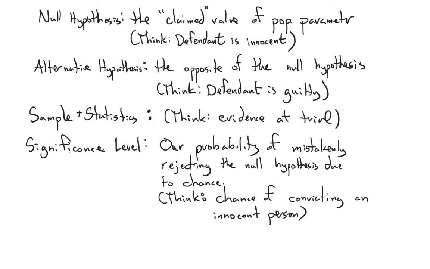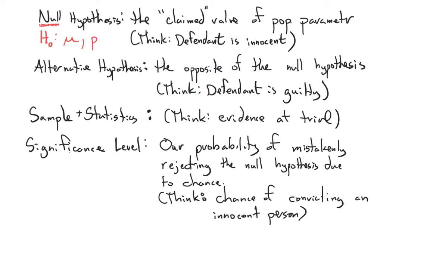So here are some terms that we'll need to be able to discuss hypothesis testing. The null hypothesis is that claim that's being made. We usually call it H0. We're thinking null as kind of like the number 0. So H0 is the null hypothesis, and since we're talking about a mean, usually we'll be testing against some population mean, or maybe a population proportion, p.